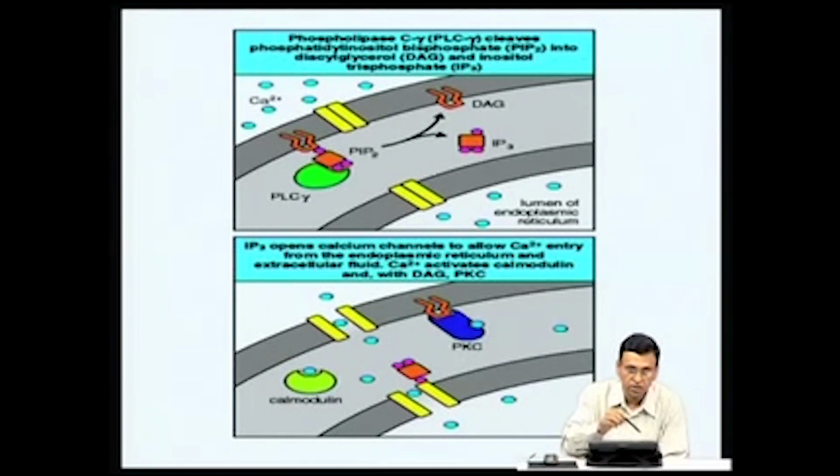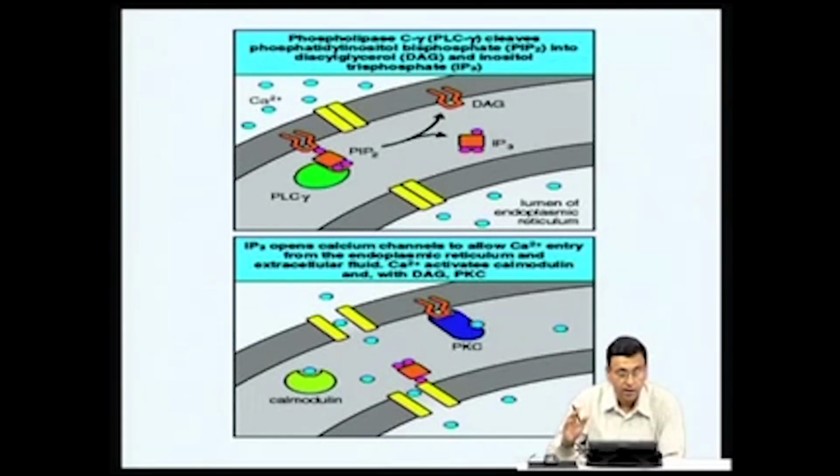Basically, when the G protein gets activated, it activates the phospholipase C, and when the phospholipase C is activated, the PIP2, that is phosphatidylinositol bisphosphate, is converted to diacylglycerol and inositol triphosphate, and the inositol triphosphate then interacts with specific receptors on the endoplasmic reticulum, and as a result the calcium which is present inside the endoplasmic reticulum is now released, and the calcium thus released along with diacylglycerol activates protein kinase C, and this activated protein kinase C now goes and phosphorylates a number of target proteins which could be metabolic enzymes, ion channel proteins, or transcription factors.